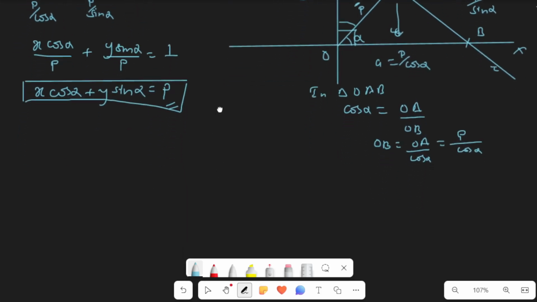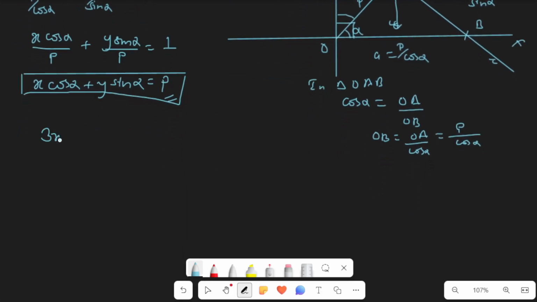Now, let's consider this equation. How do we transform this equation into this form? We simply take the coefficients of x and y. This is 3 and 4. We apply the Pythagorean theorem and find the hypotenuse.